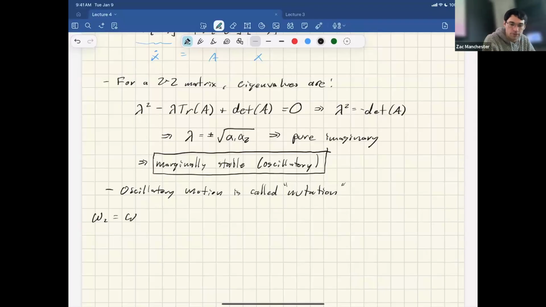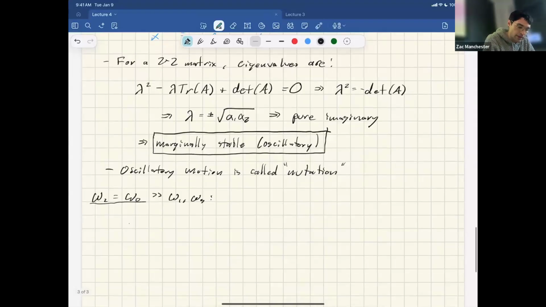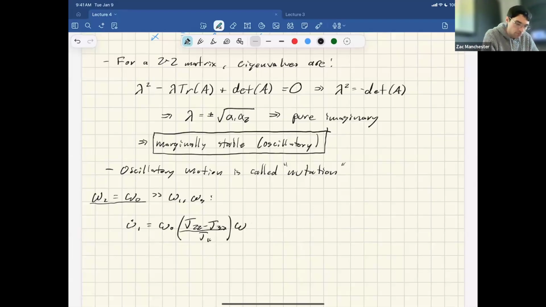So this was that intermediate one that did some crazy stuff, right? So here omega 2 is this omega naught, and the other omega 1, omega 3 components are tiny. So it's the same exact thing. The two perpendicular components are going to look like little simple harmonic oscillator type things. I'm just going to write those out real quick.